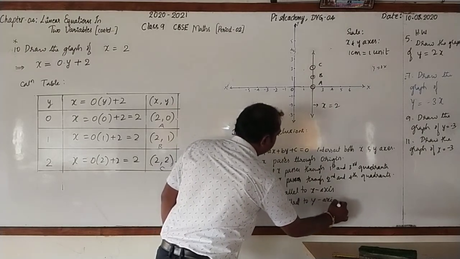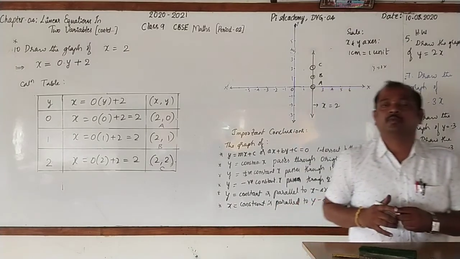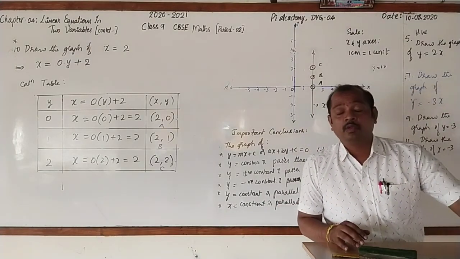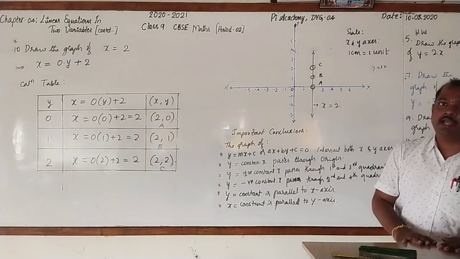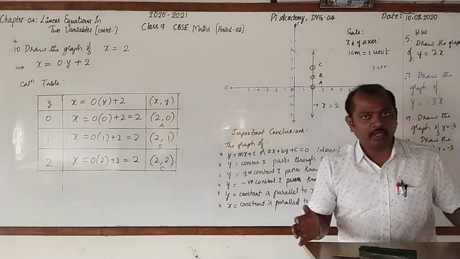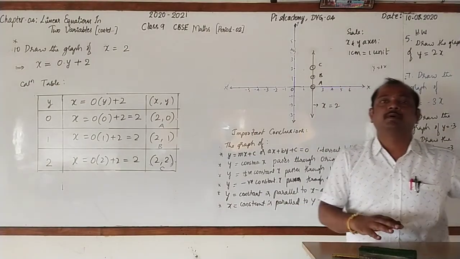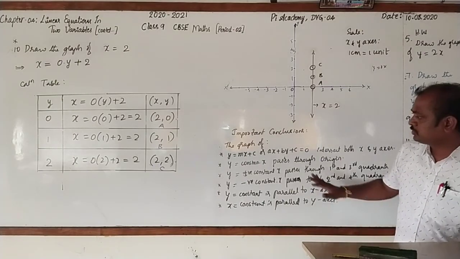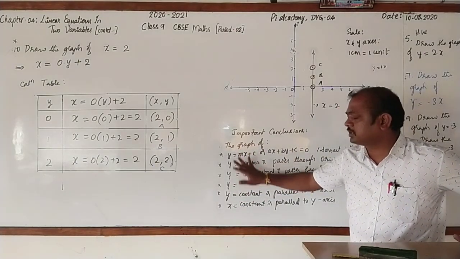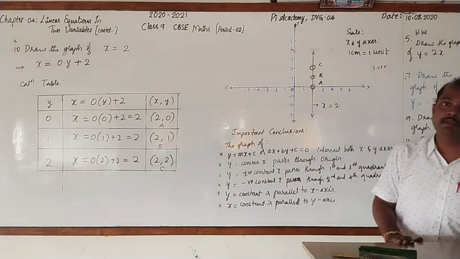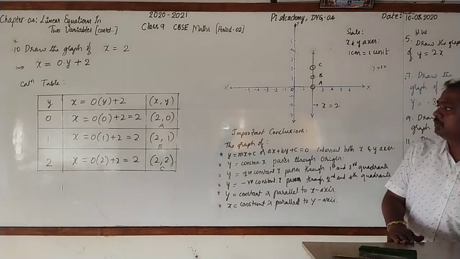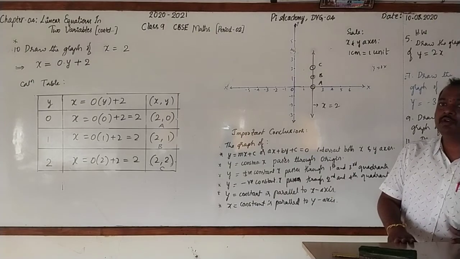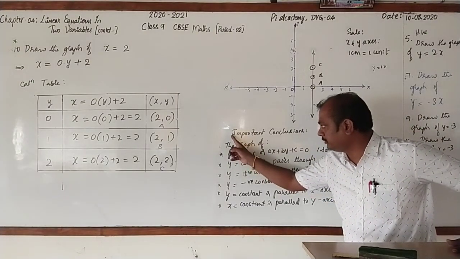Very simple. If x equal to constant, graph is parallel to y axis. If y equal to constant, graph is parallel to x axis. Clear? So these conclusions are very important even from the examination point of view. Now you'll go for pausing the video and please copy from here to here.